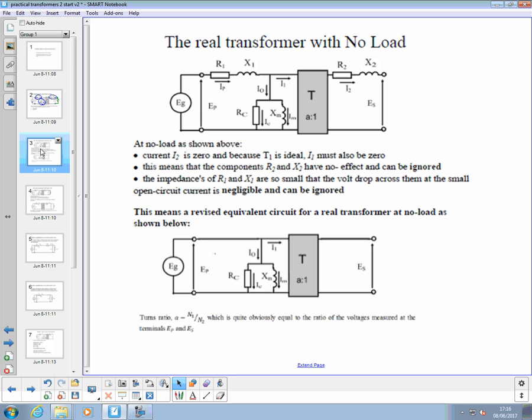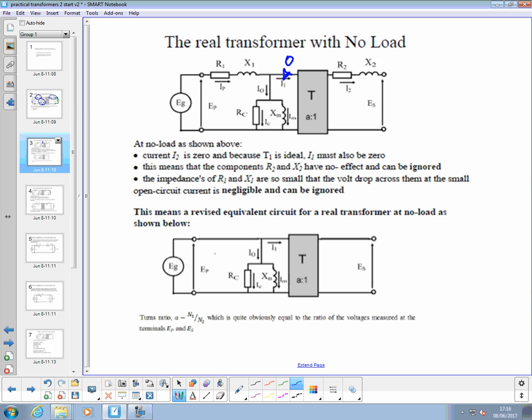So the facts are, if there's no load, there's no current flowing in this secondary side here, 0 amps. So because T1 is ideal, then I1 going into the transformer, just this part of the circuit here, must also be 0.